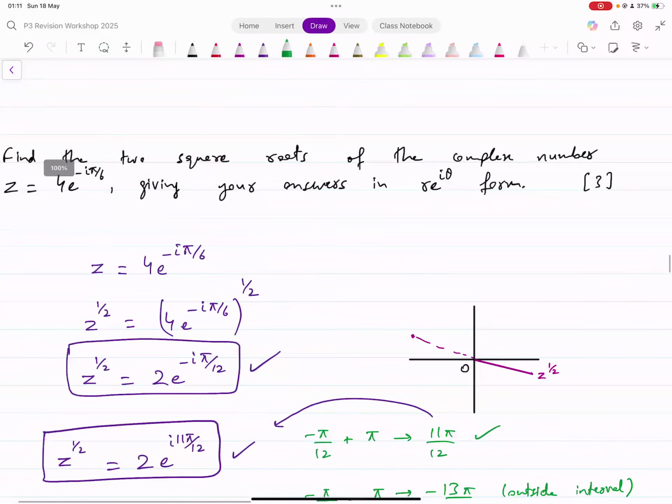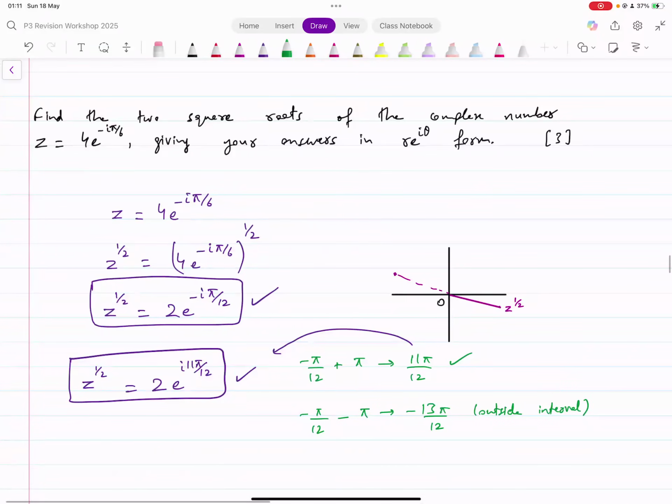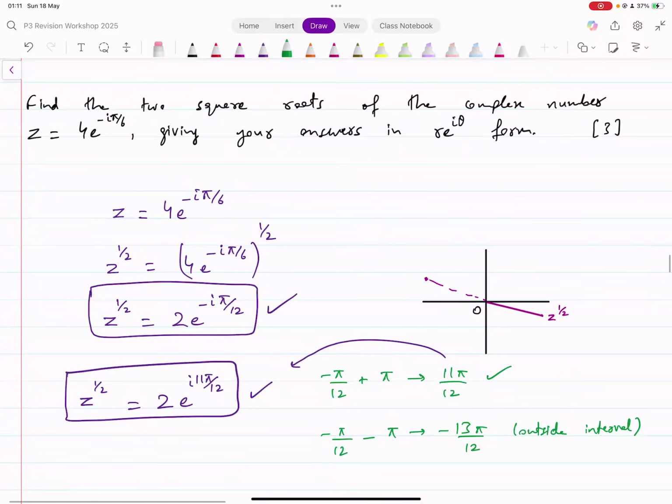Now, why is that important? Because you will need to find square roots of complex numbers in this form as well. Sometimes you will get a complex number in this form, and they would want you to find the square roots of that in the same form.